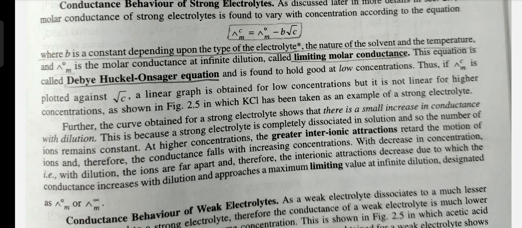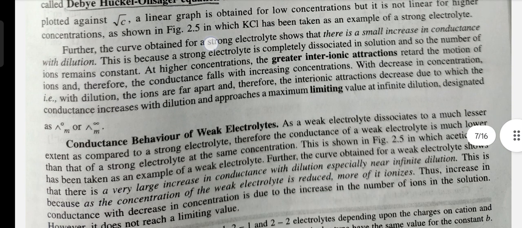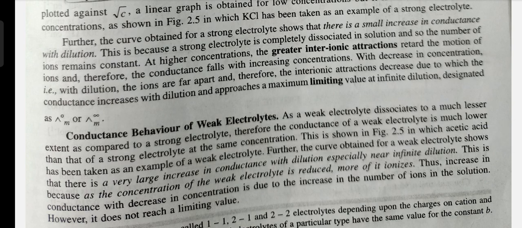At higher concentration, the greater interionic attraction retards the motion of ions, and therefore the conductance falls with increasing concentration. With decreasing concentration on dilution, the ions are far apart, and therefore the interionic attraction decreases, due to which the conductance increases with dilution and approaches a maximum limiting value at infinite dilution, designated as lambda m naught or lambda m infinity.